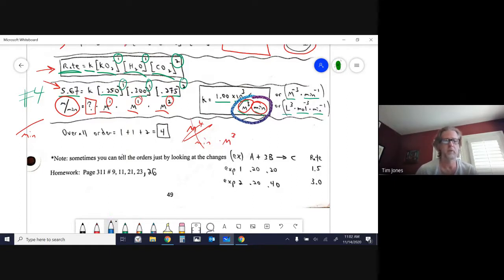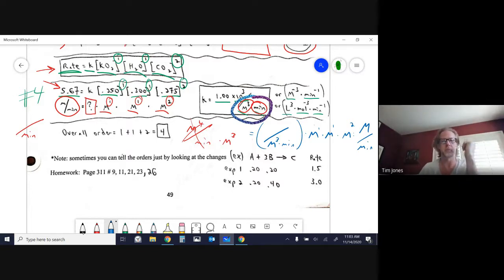What you can do is you can take what you think is the right unit, so molarity cubed times minutes, multiply it, this would be K, times all of your concentrations for your chemicals. And it should come out to be molarity per minute and match what the rate in the data table says. And in this case, it does. If it doesn't, then you made a mistake.